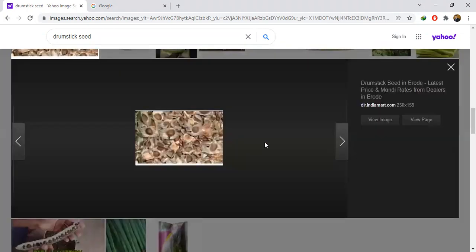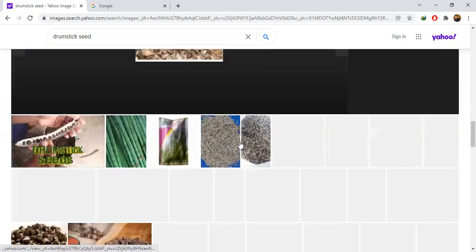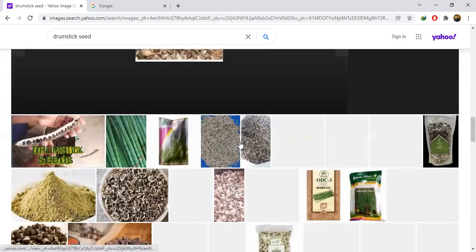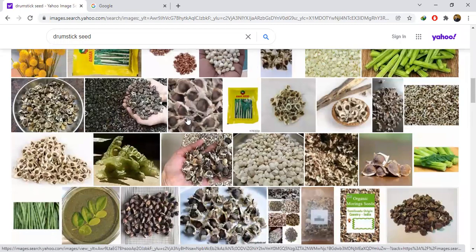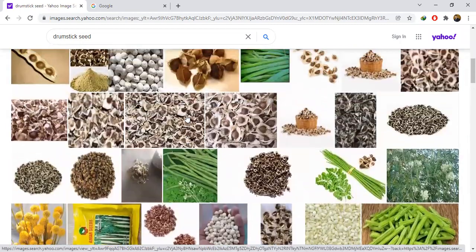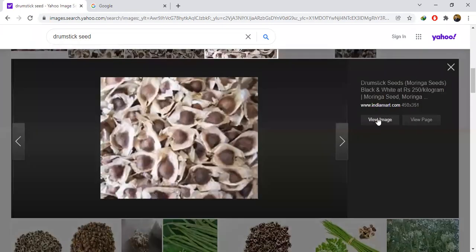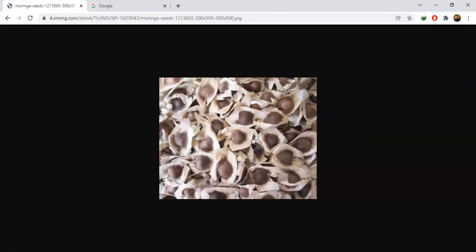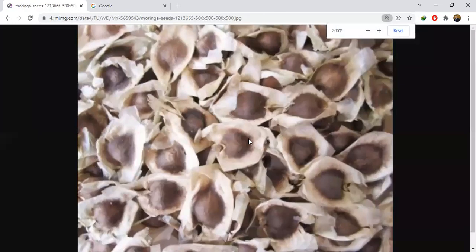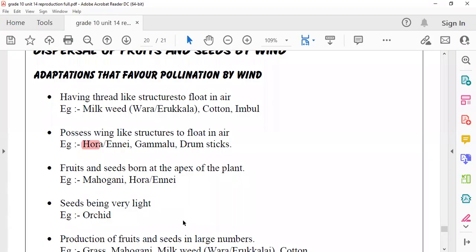You can see here, pictures are not so big. Surrounding the brown color seed, there is a white color membrane. So those membranes are helping them to float. Right.